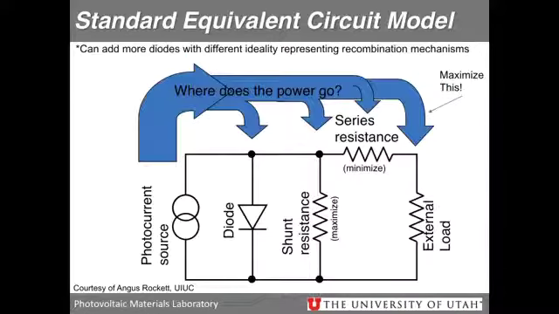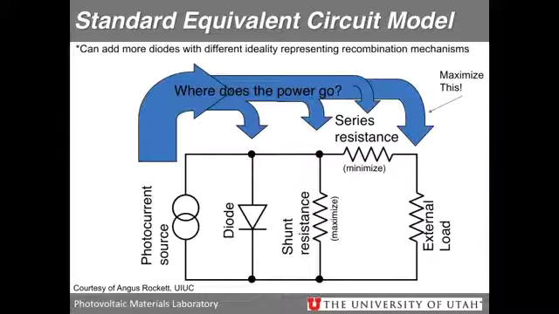Okay, so if we look at an electrical diagram of a solar cell, we have our photocurrent source, we have the diode, and then we have the external load, and that's kind of the ideal picture of a solar cell. But we have some non-idealities, obviously, in real life. So shunting, we have series resistance, which can be contact resistance. It can be just bulk resistance of your material. That's straightforward.